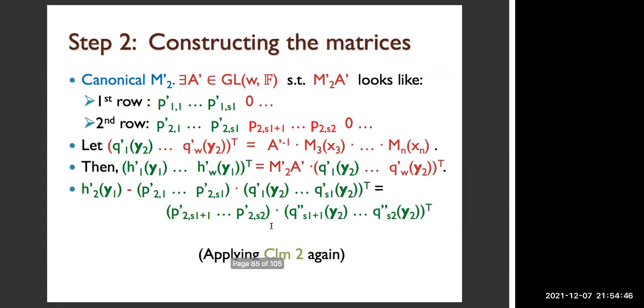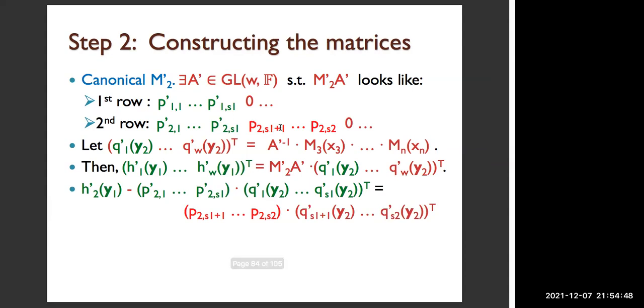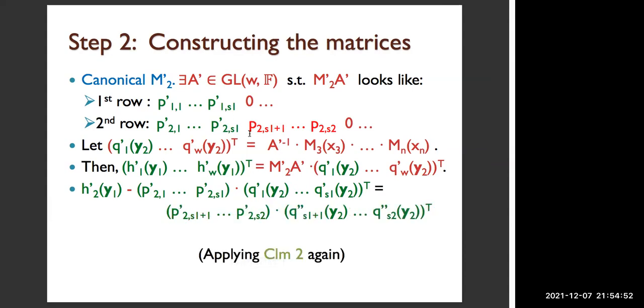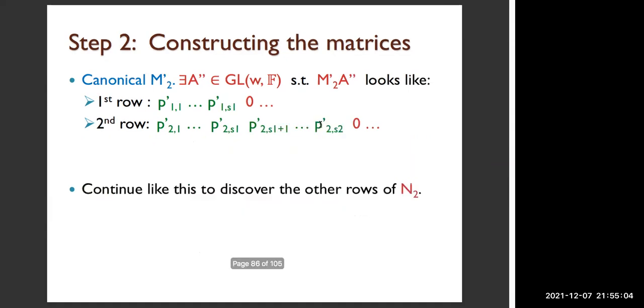You decompose and get the deep red P2s, and that's how you learn the deep red, via another decomposition. Again, it is not unique. The best you can do is to learn something which is spanned by the deep red P2s. So you learn them, your A changes to A double prime, and you keep doing this, and that's how you discover N2s.